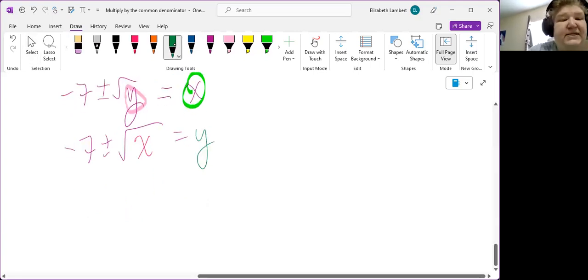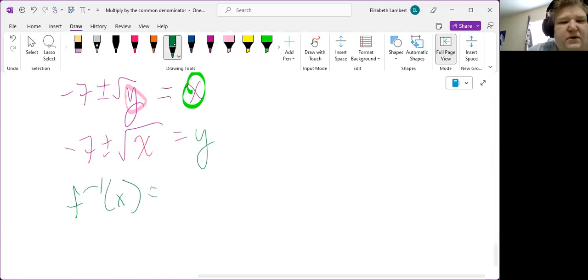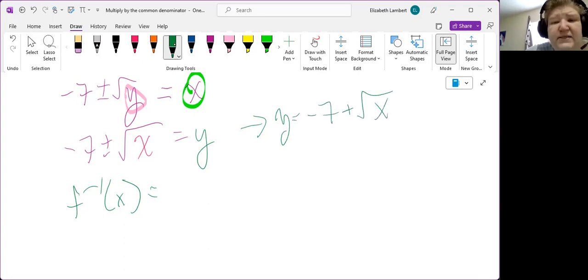And then last step, f inverse of x equals, and I'm going to put a pin in this, and over here I'm going to say we have two options. We have -7 plus the square root of x, and we have -7 minus the square root of x.